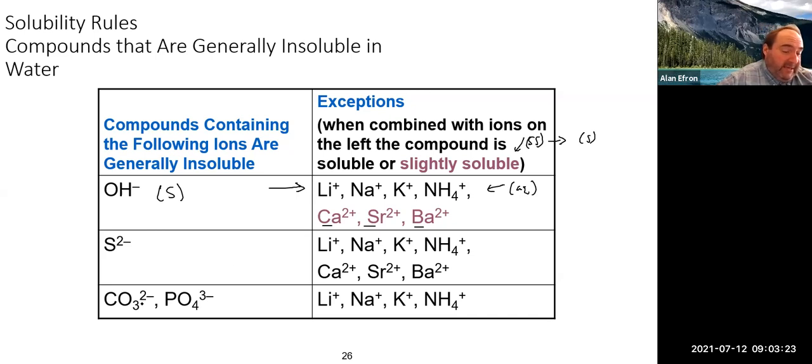It does mean what it sounds like. It has a degree of solubility, but most people lean towards it being insoluble. Anything that has sulfide in it is typically a solid, unless it's hooked up with group 1 and ammonium, or calcium, strontium, barium, then it would be aqueous.